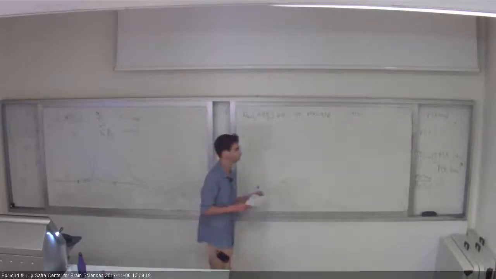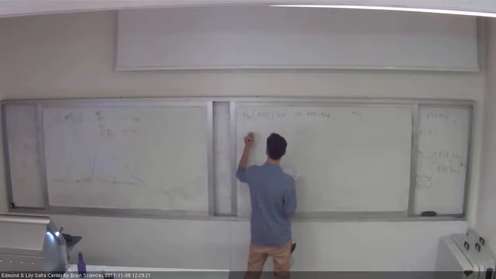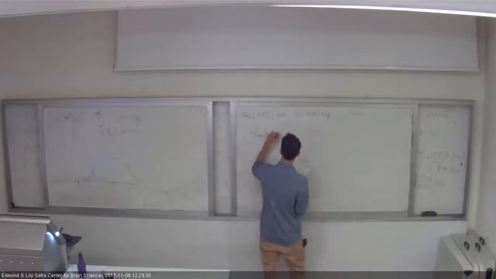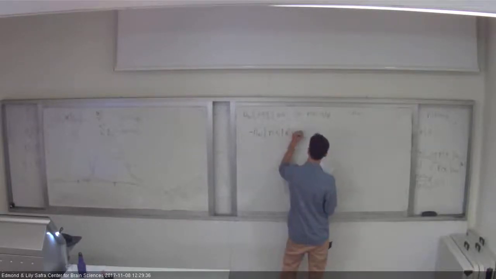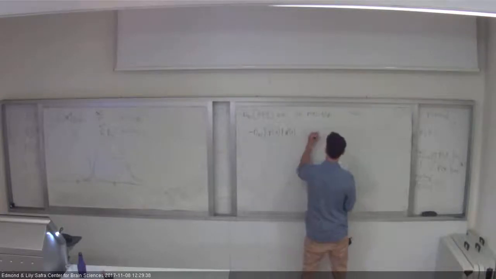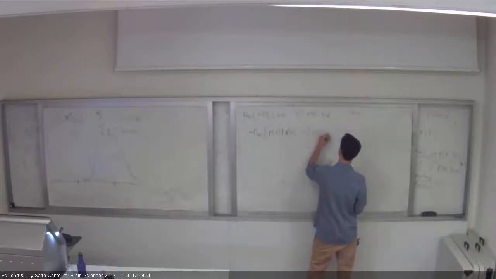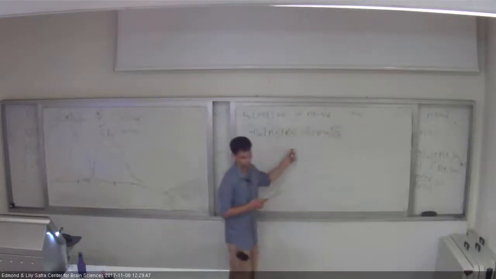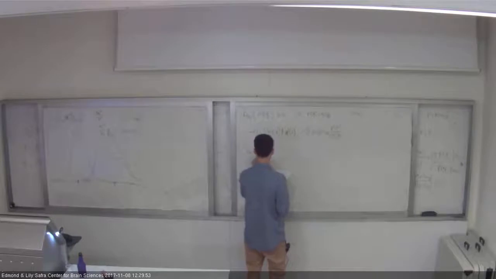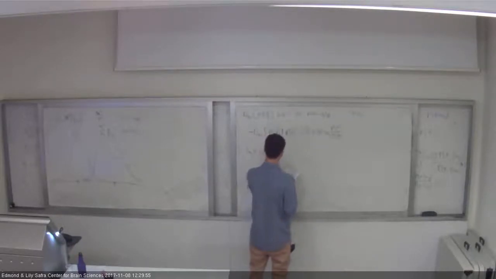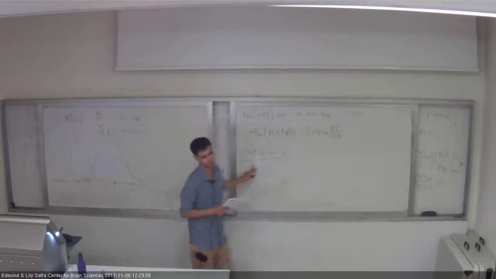So minus the DKL between P of X and Q of X is equal to the sum over X of P of x log of Q of x over P of x, and we can use the inequality that log of x is not bigger than x minus 1.